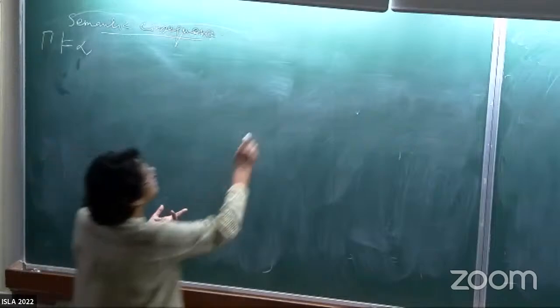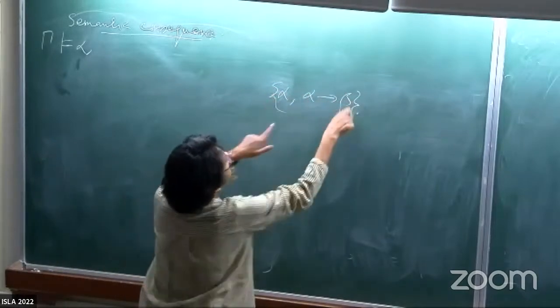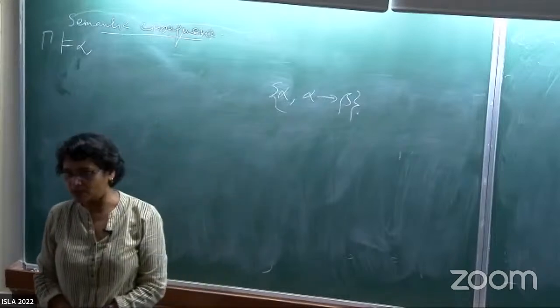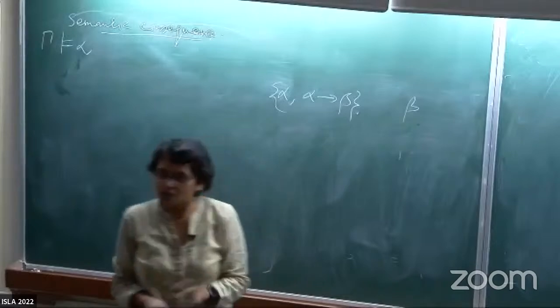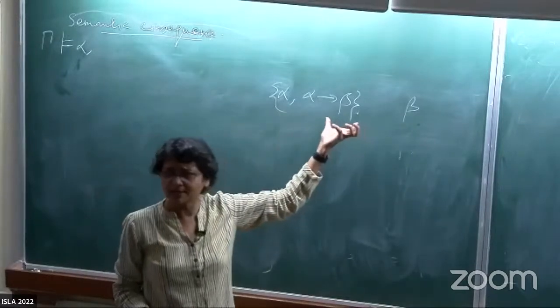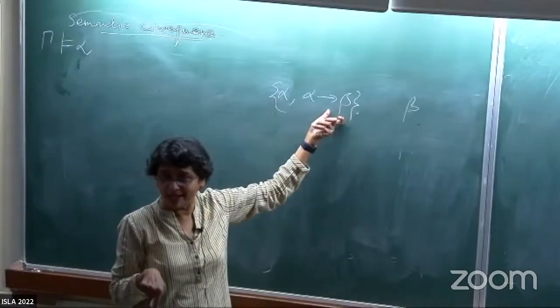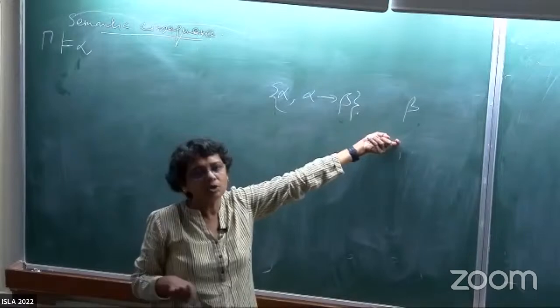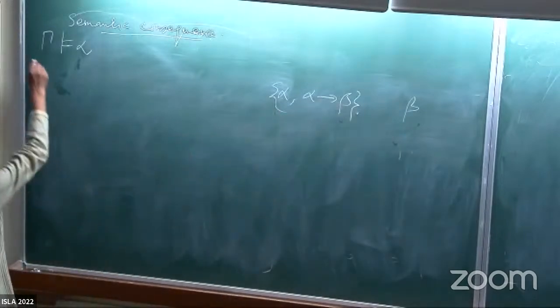A simple example, which we've already met: suppose you have given me these two assumptions, then from here I would like to conclude this one, the MP. So what does this say? That if alpha and alpha implies beta are true under a valuation, then beta must also be true. So we generalize that one and define this one.